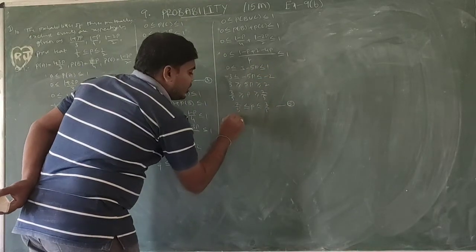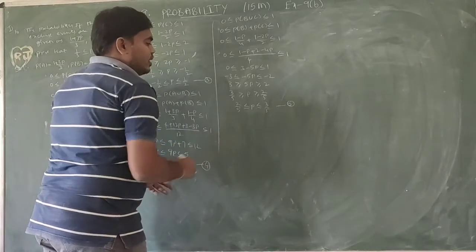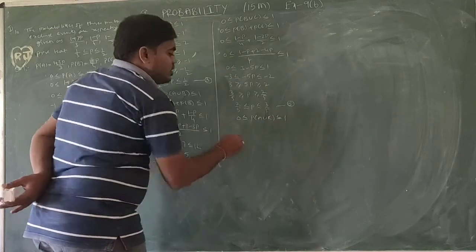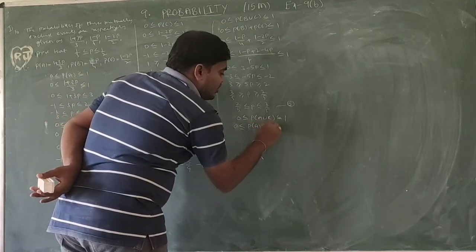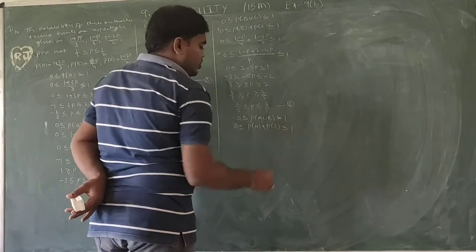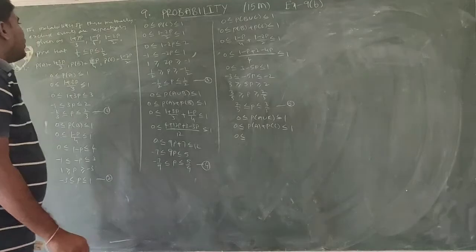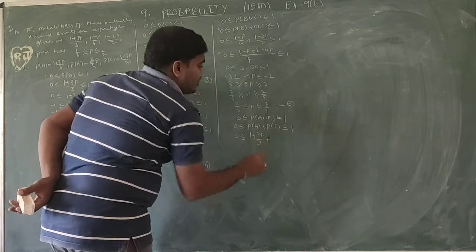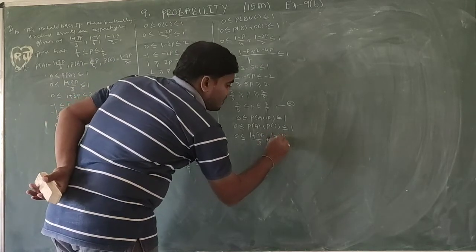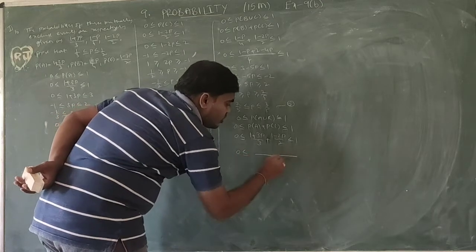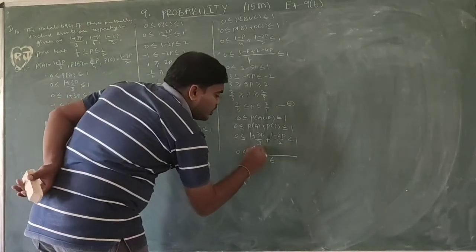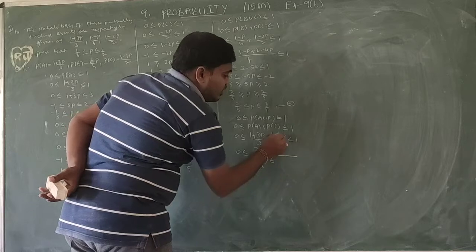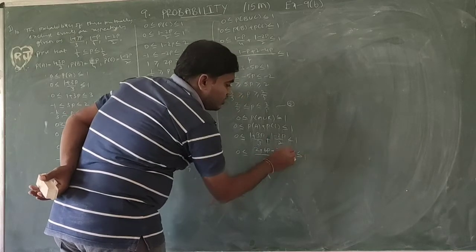So 0 ≤ P(A ∪ C) ≤ 1. 0 ≤ P(A) + P(C) minus the intersection part, which is 0, ≤ 1. So 0 ≤ (1 + 3P)/3 + (1 − 2P)/2 ≤ 1. Taking LCM 6: 2(1) + 2(3P) plus 3(1) + 3(−2P), so 6P and −6P cancel.